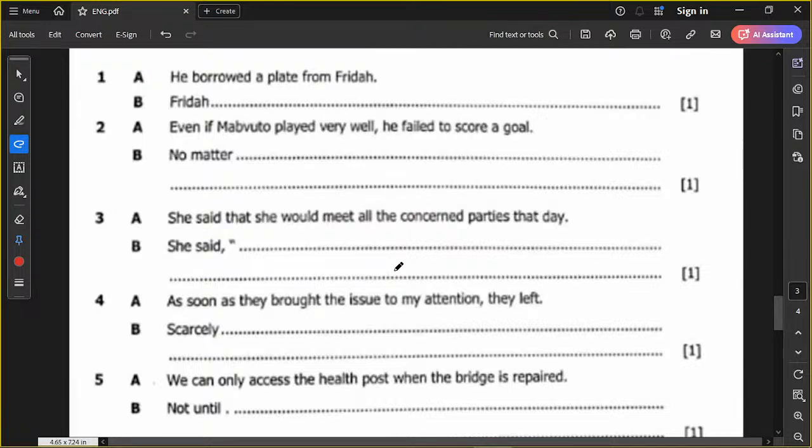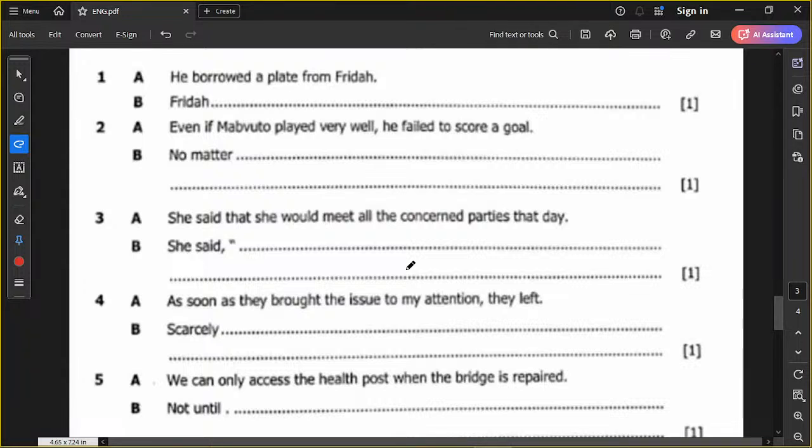Today we're just going to do question 1. Tomorrow we're going to do other subjects, so please join us for biology, physics, mathematics. We'll be going through all those papers.